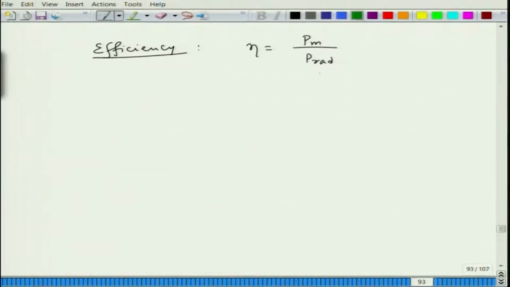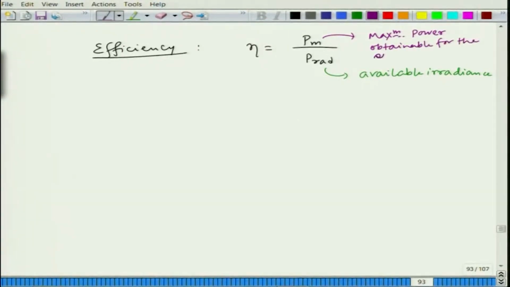So, this is the available irradiance and this is the maximum power obtainable for the solar cell under the particular irradiance.